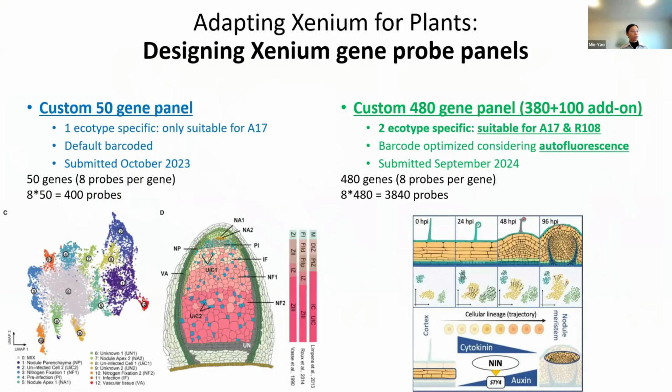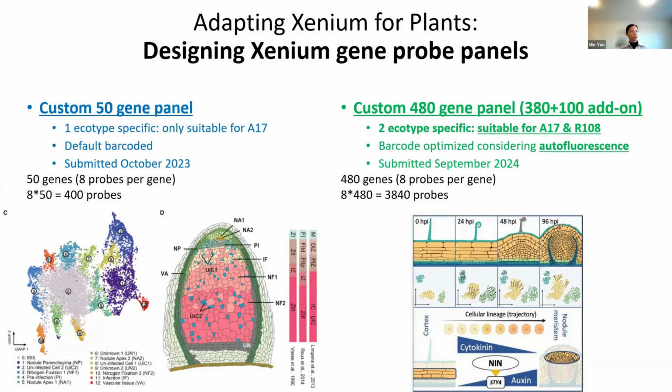Later we also expanded to a custom panel of up to 480 genes. We also included a design with a base panel and an add-on panel, so it will be 380 plus 100, to make it much more flexible to swap to a different add-on panel if we have different genes of interest in the future.